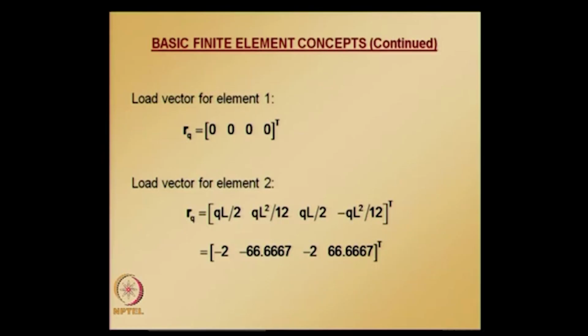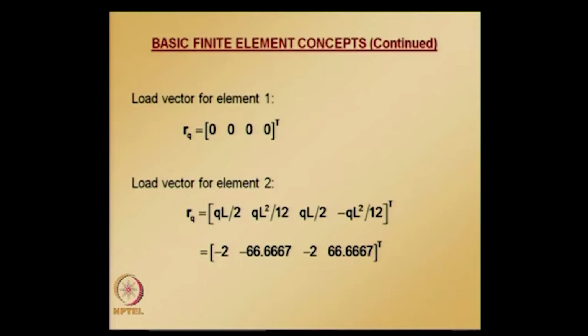So, the global load vector. Here we have 3 nodes, and at each node we have 2 degrees of freedom. Element 1 contribution goes into 1, 2, 3, 4 locations of rows and columns, and element 2 contribution goes into 3, 4, 5, 6.